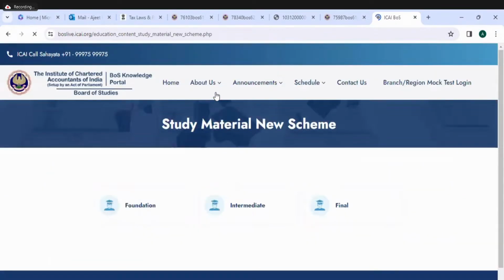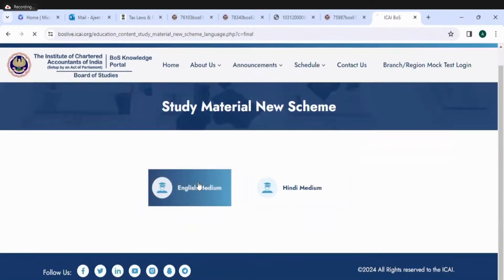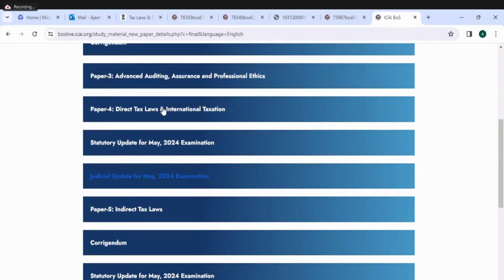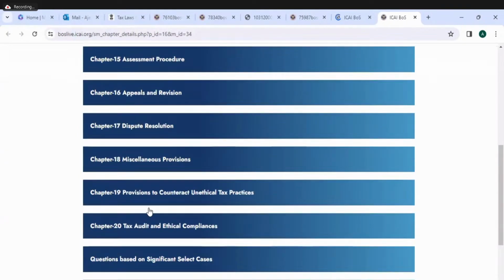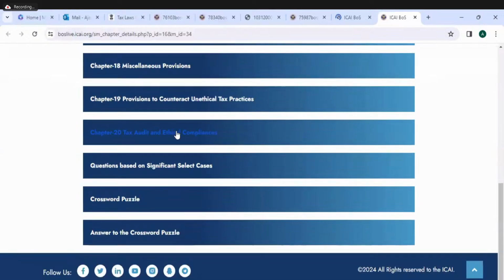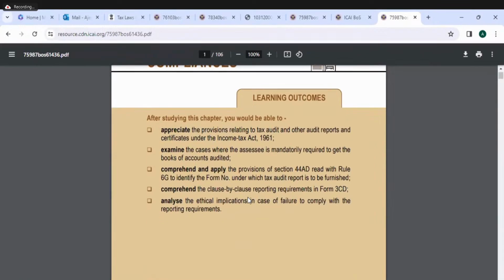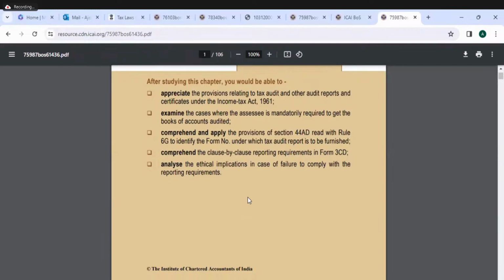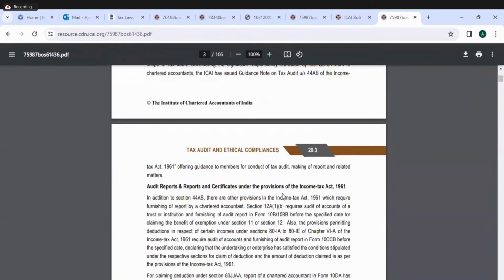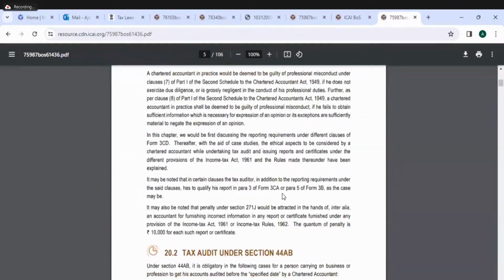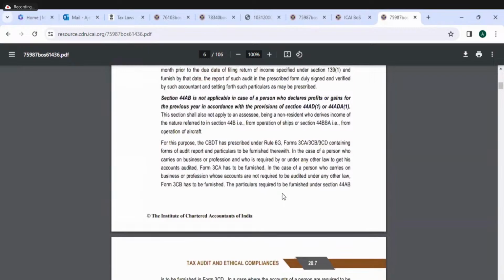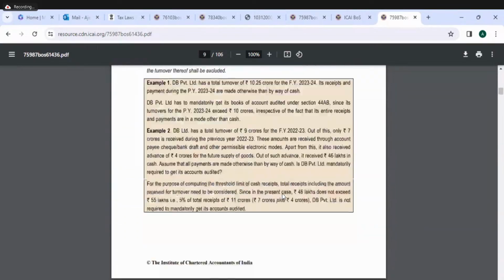If you go to the new study material, final paper, in module 3, there's a last chapter, tax audit and ethical compliances, which is all about your tax audit requirements and the ethics you have to follow while filling this form. What are the requirements and what clause by clause discussion is there on this form 3CD.